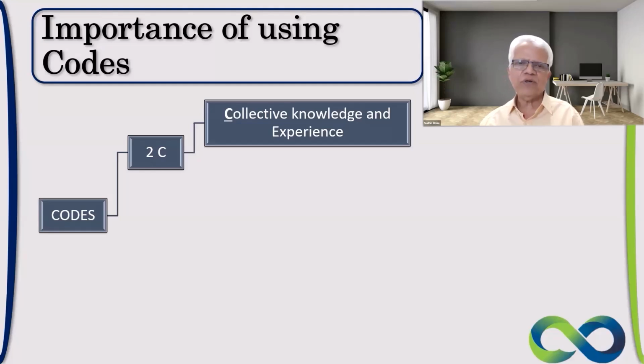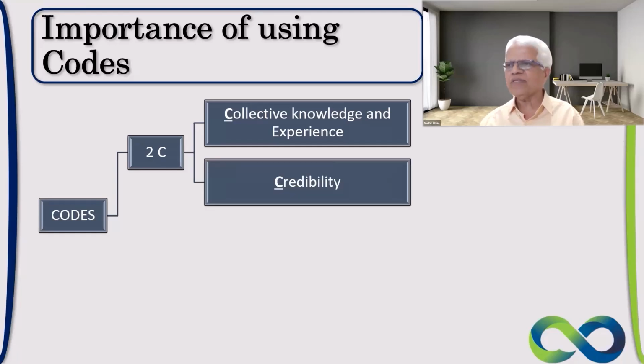So this takes into account the entire experience of the stalwarts in the industry, who have contributed a huge knowledge to the industry in terms of piping design, right from the design to the commissioning of the plants. So a collective knowledge and the experience of the people is gathered over here. That is the first C, which stands for collective knowledge and experience.